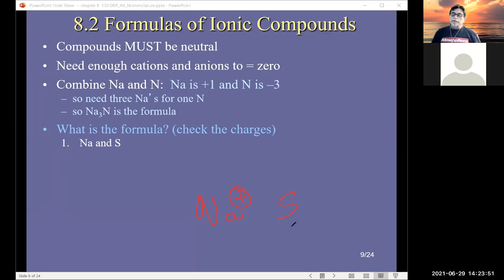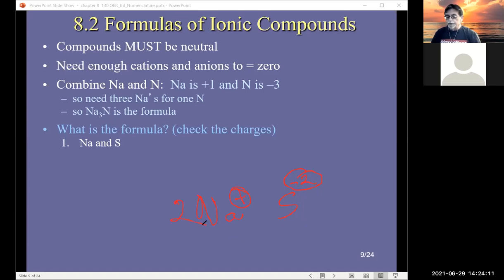What is the ionic charge? What's the oxidation number of sulfur? -2, exactly. Okay. And so those are the ions. Now we put them together such that charges cancel out.